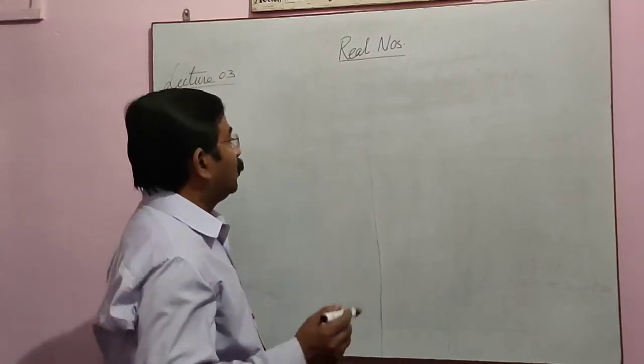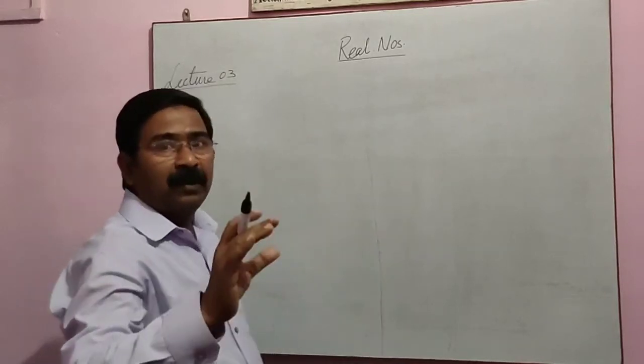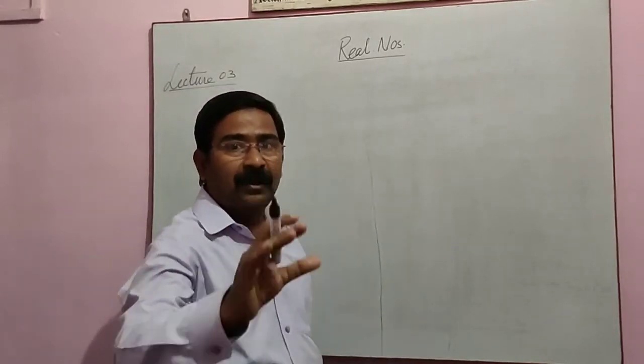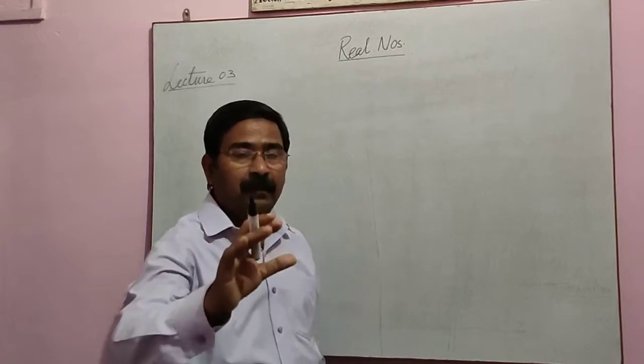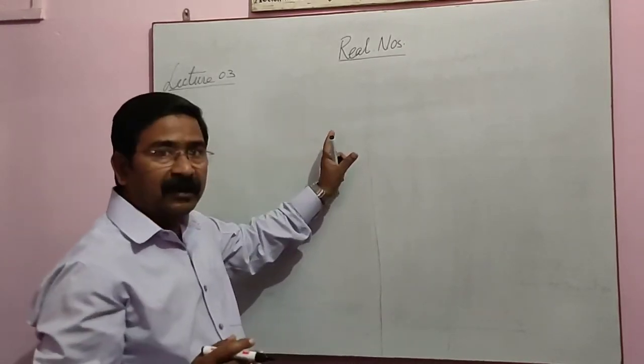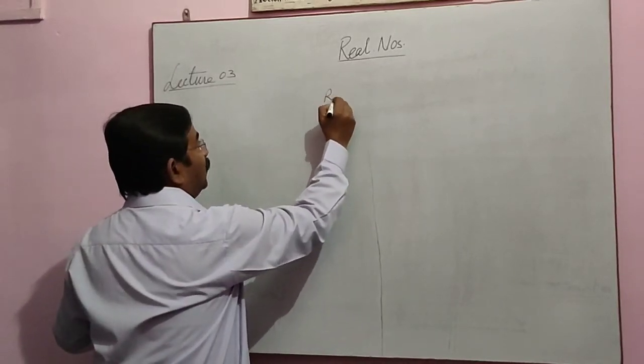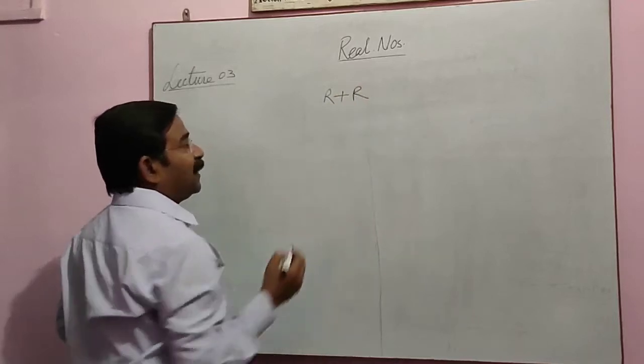I told that properties of rational numbers means operation on rational numbers, operation on irrational numbers, operation on rational and irrational numbers. So I am writing all these things. Rational plus rational, I am writing in short.